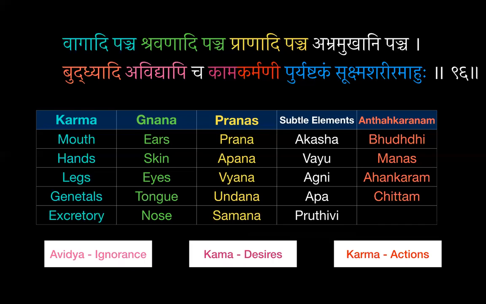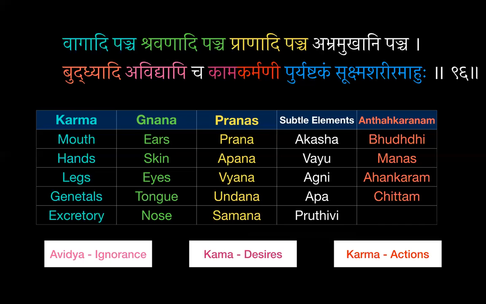So what are these avidya, kama, and karma? Avidya means ignorance. Because of something, we are ignorant of our own self. Our own self is Brahma. We are all Brahma Swarupam.